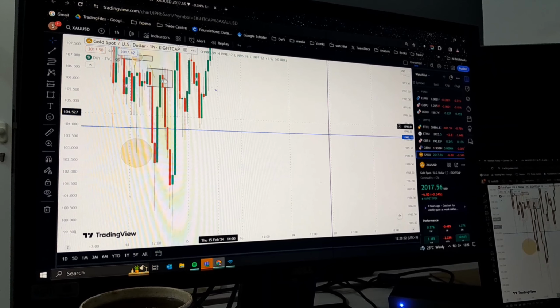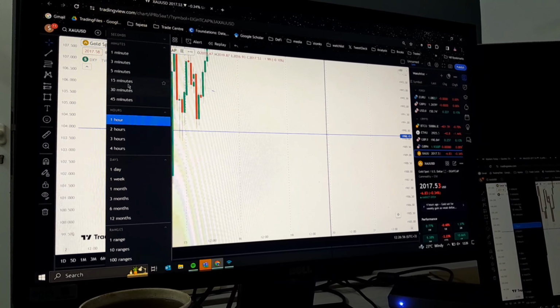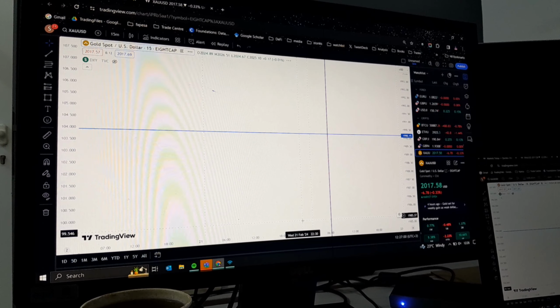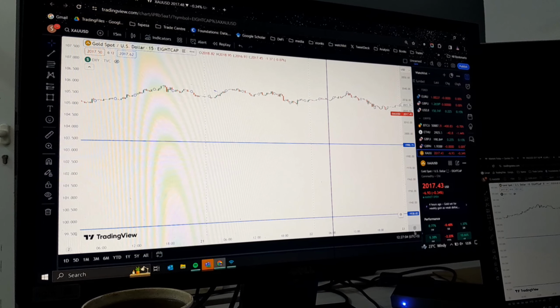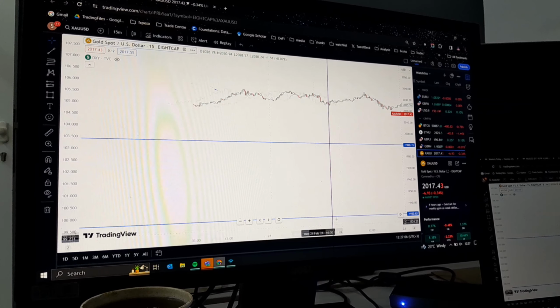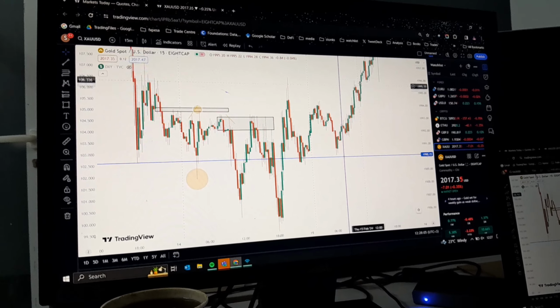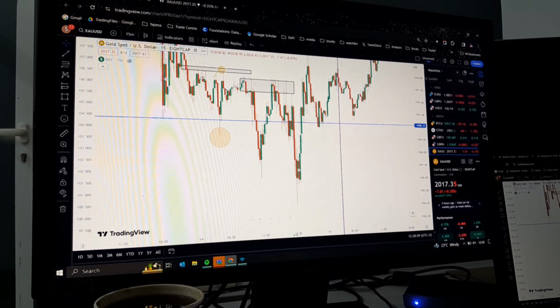Then we go to the 15-minute to find our FVG. So now we are on the 15-minute. Now we are looking for an FVG.